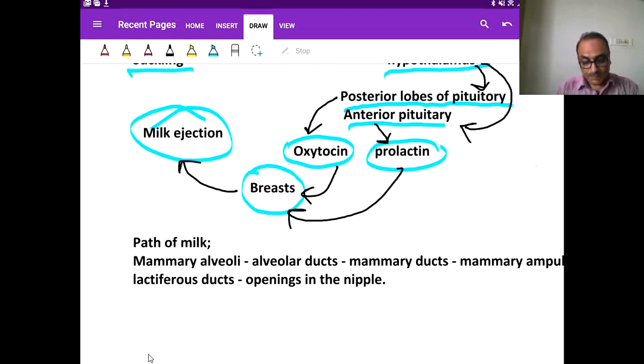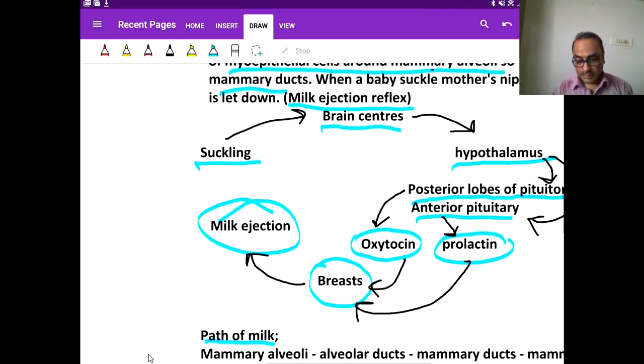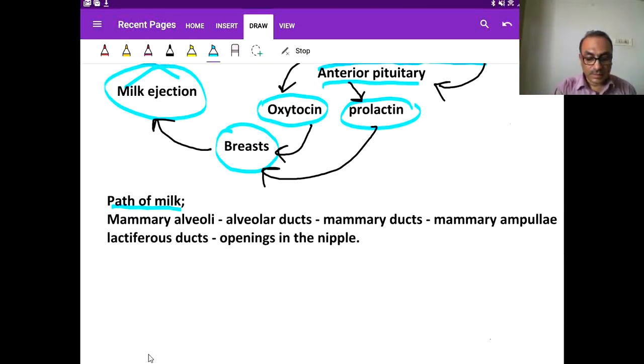Now let us see the path of the milk, how the milk is transported from the alveoli to the nipple. First, from the mammary alveoli, it is squeezed out into the alveolar duct. Many alveolar ducts join to form the mammary ducts, and these mammary ducts join the mammary ampullae, bulged portions where the milk is stored for some time.